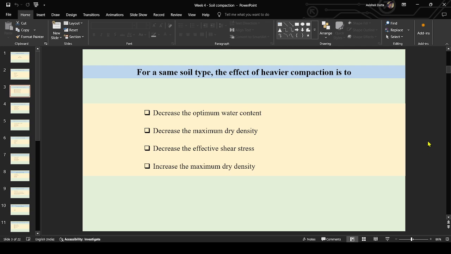I repeat the question. For a same soil type, the effect of heavier compaction is to: decrease the optimum water content, decrease the maximum dry density, decrease the effective shear stress, or increase the maximum dry density.